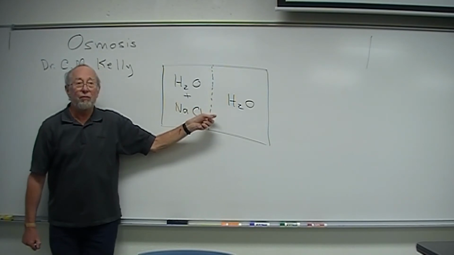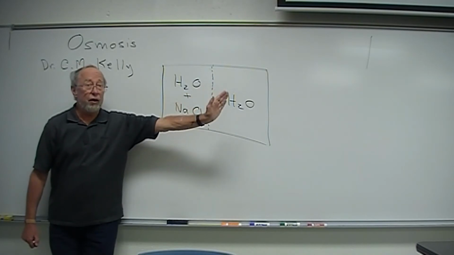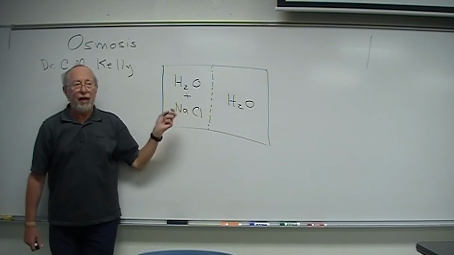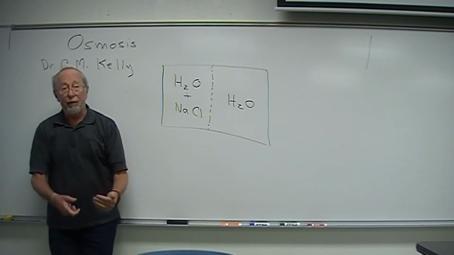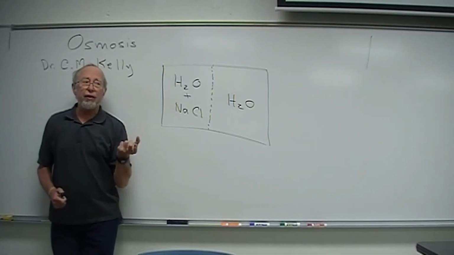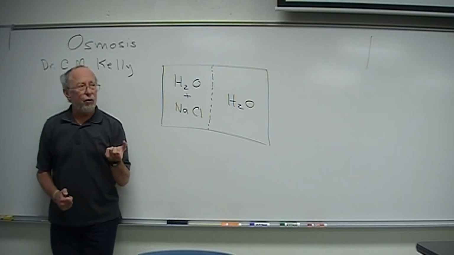It can't go across the membrane. So what happens? The water wants to go to the other side of the membrane to reduce the concentration on this side. That at least is making the driving force a little smaller, so something is trying to happen. So what we have here is a situation where the rate of transfer, we believe, is dependent on how big the driving force is.